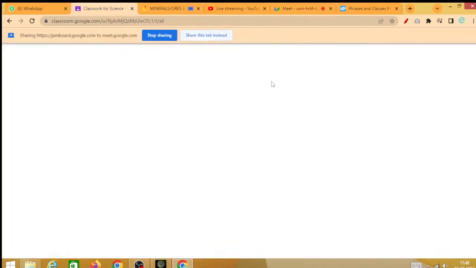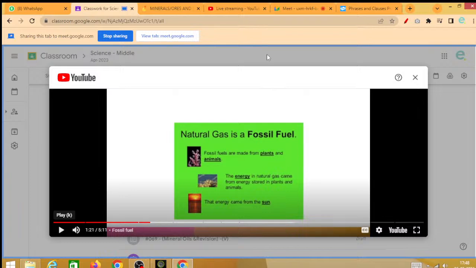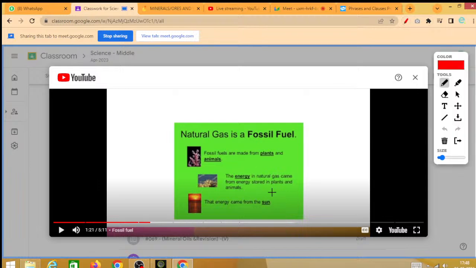Now it is Harshal's turn. Read this second one. The energy in natural gas comes from energy stored in plants and animals. That energy comes from the sun.